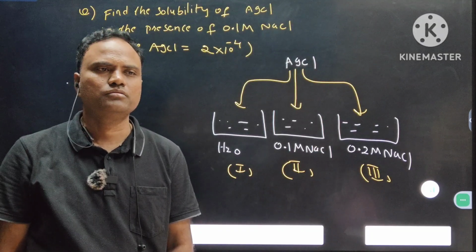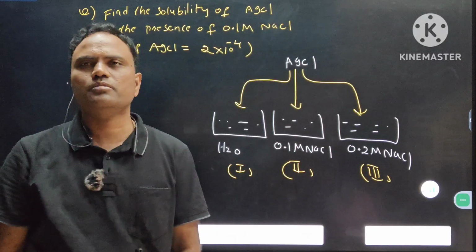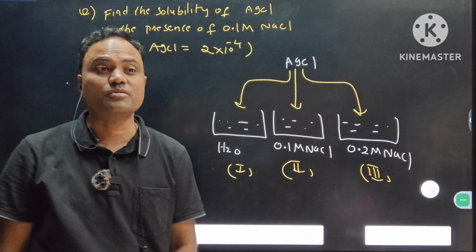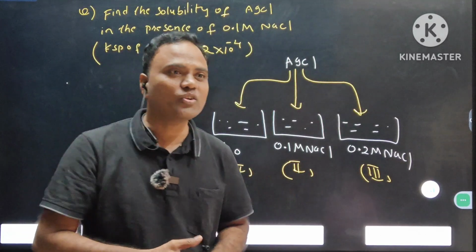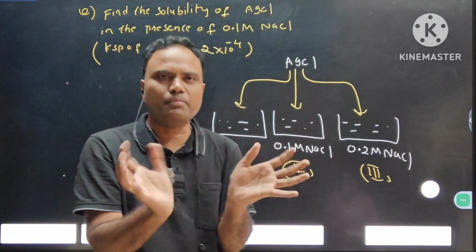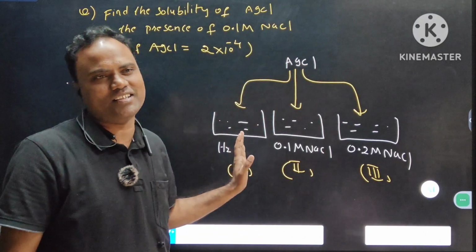In the first beaker it is more soluble. Why? Because it is not having any chloride ions. It is a simple plain solution, with more space for Ag plus and Cl minus ions.